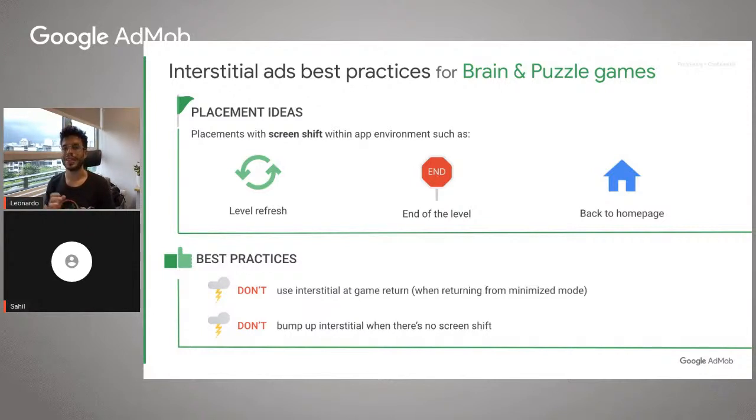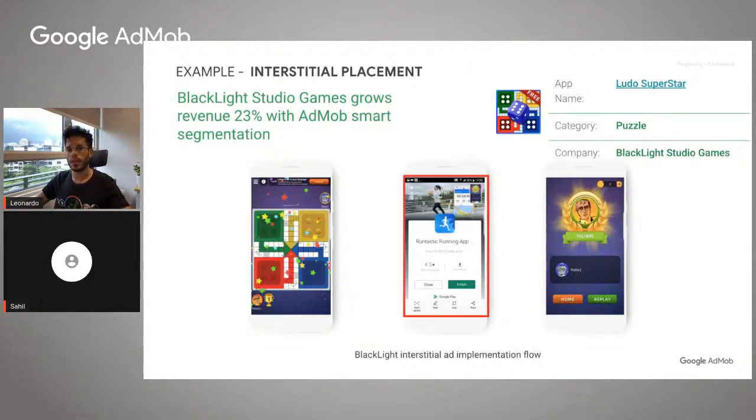Pro tips here to maintain a great user experience and to comply with our policies: don't use interstitials at game return, and don't bump up interstitials when there is no screen shift. Here is an example. Blackline Studio Games added an interstitial after finishing a level and before the home and replay page. This is a great example of a screen shift.